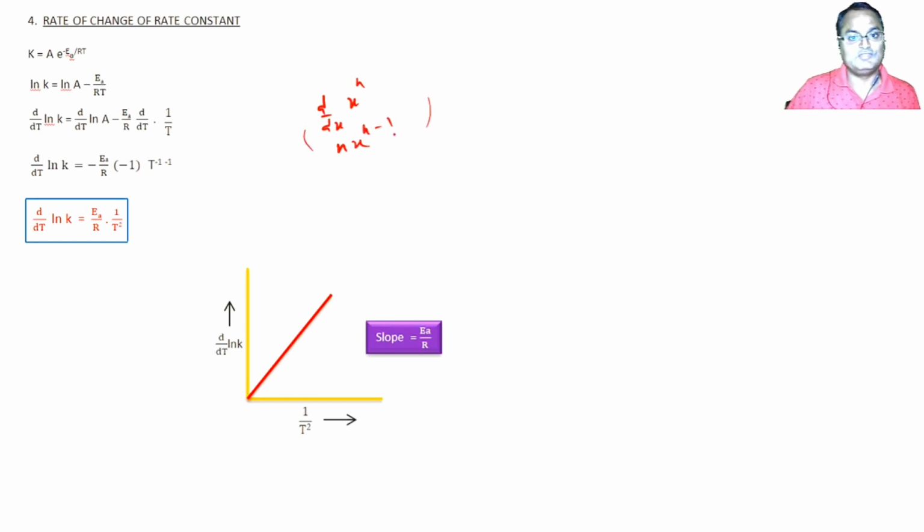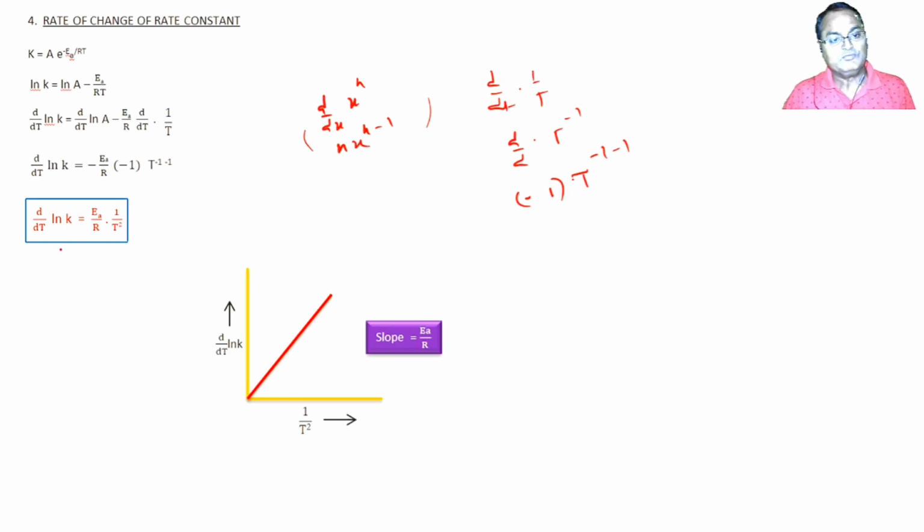So in this way we write the differentiation of d upon dt, and this is 1 upon T, which is T to the power minus 1, so we put here minus 1 and T to the power minus 2. So we get d upon dt log K, and this is E upon R into 1 upon T square, right?